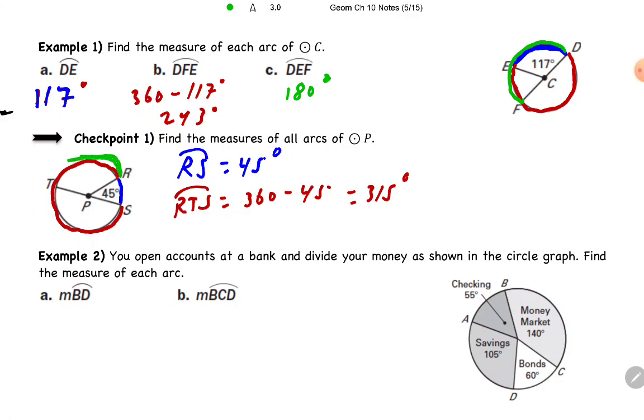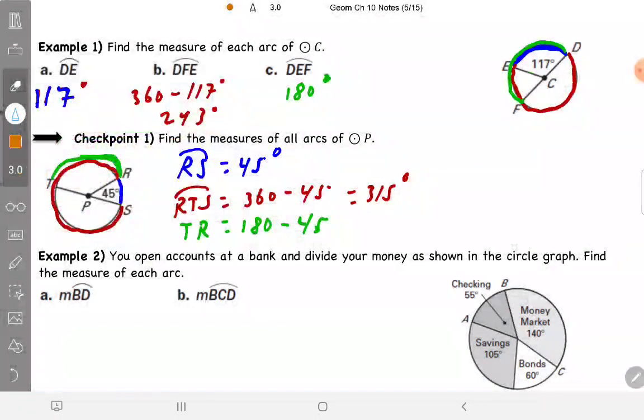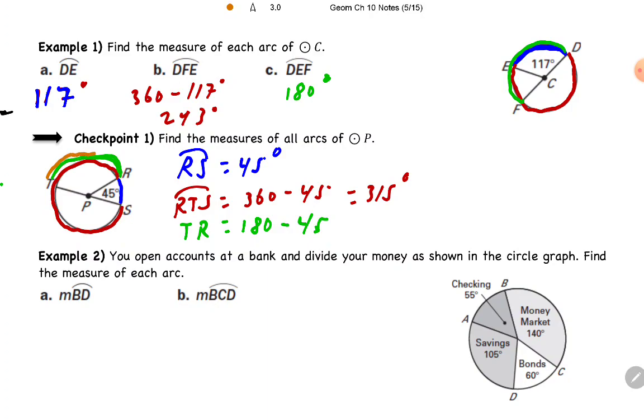We know that's 180. But the green is 180 minus our blue 45. Because, let's use a different color, this brown or orangish.